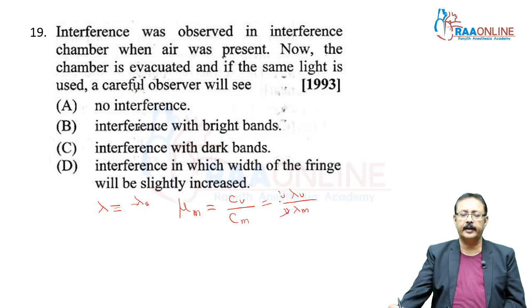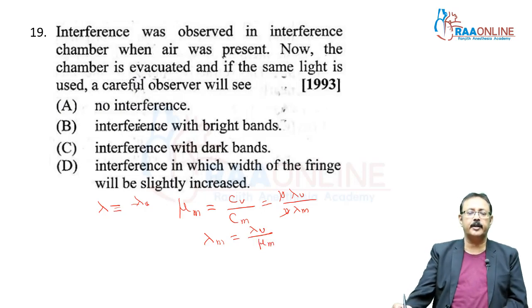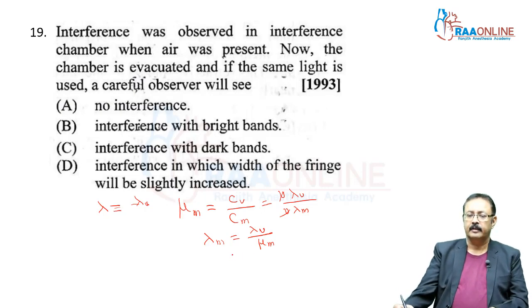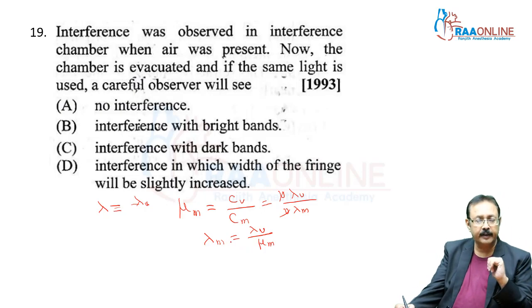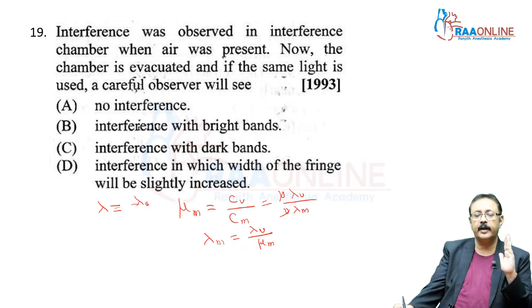So what are we getting? In any medium other than vacuum, for every medium mu is greater than 1. So if we are removing the air, it means we are decreasing the mu. For air it was greater than 1, for vacuum it was exactly 1.